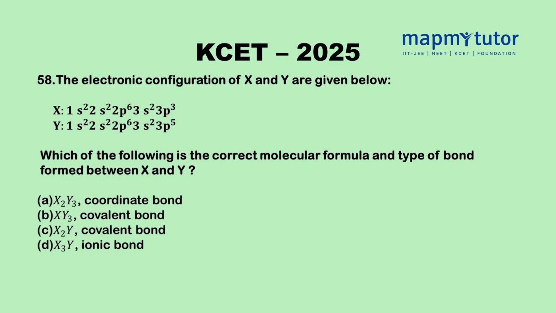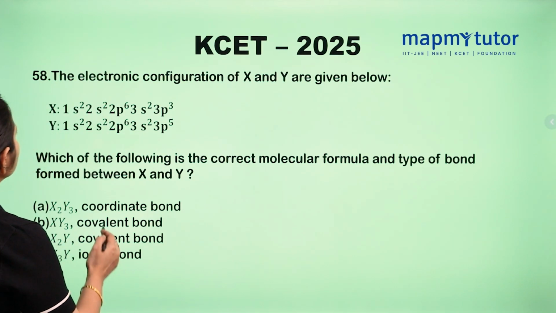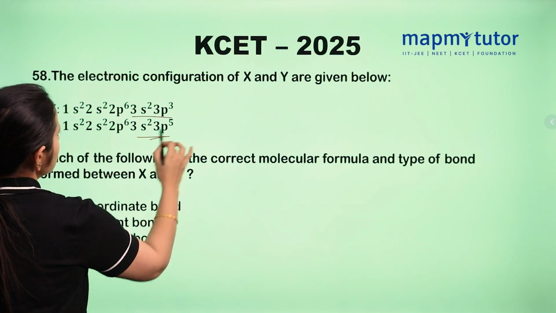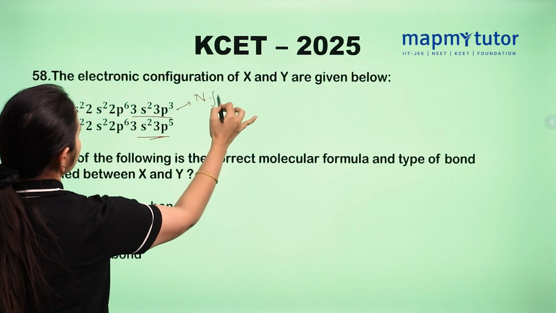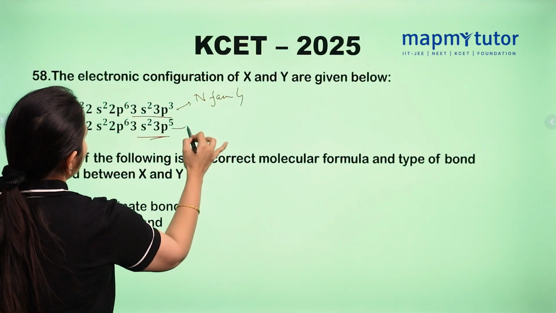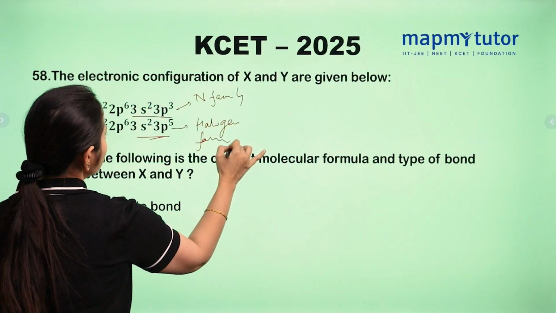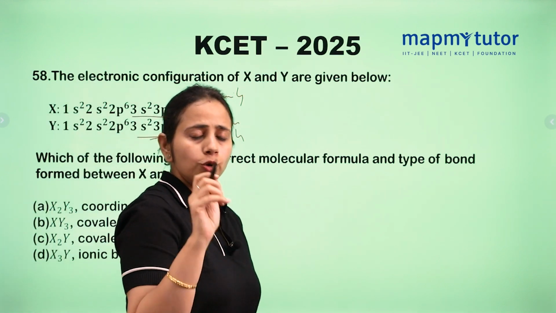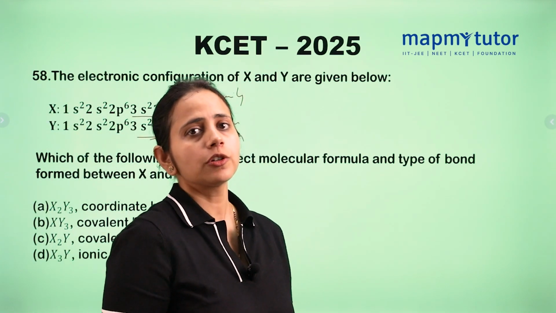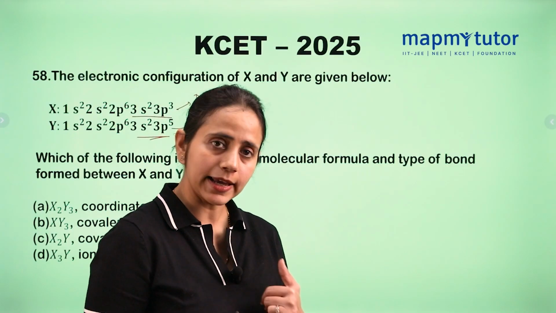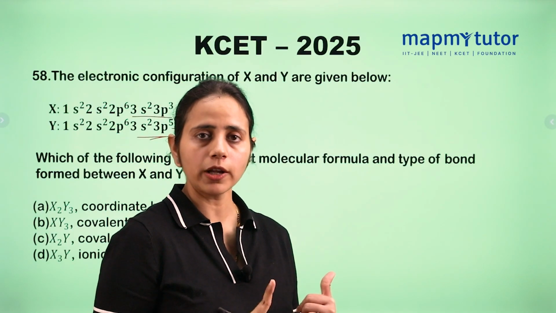Next, the electronic configurations of X and Y are given below. See the electronic configuration: ns2 np3 and ns2 np5. This is the nitrogen family and this is the halogen family electronic configuration. Whatever exam you are going to prepare for, you must know the electronic configuration of all the periodic elements, whether s block, p block, d block or f block.